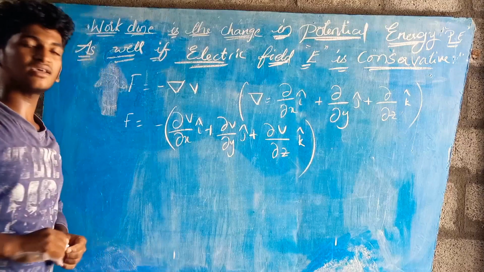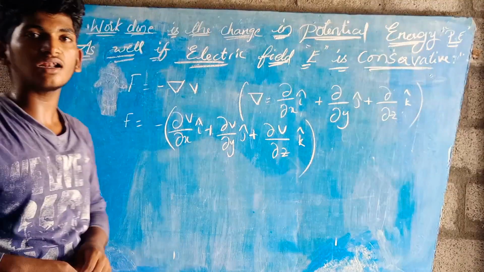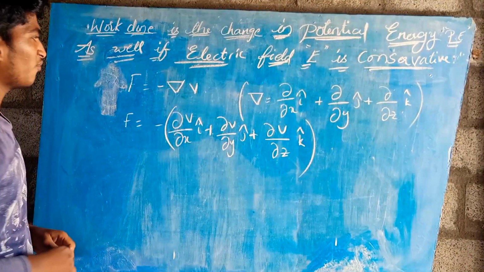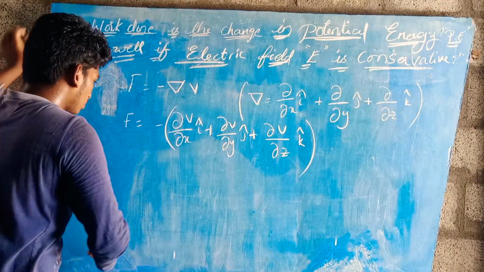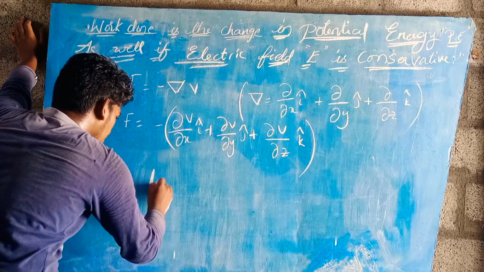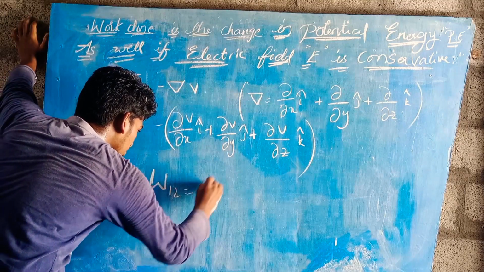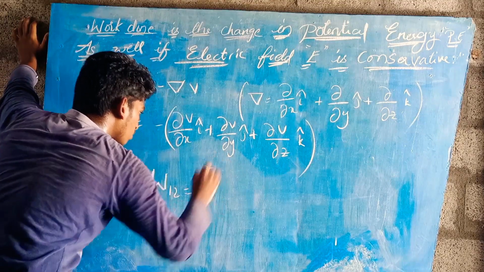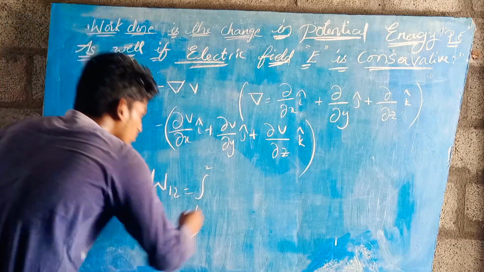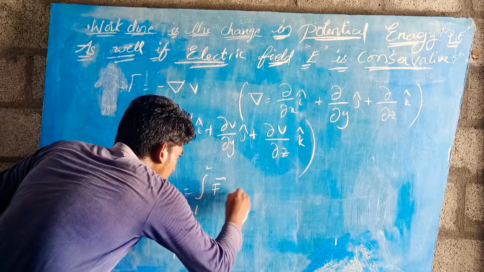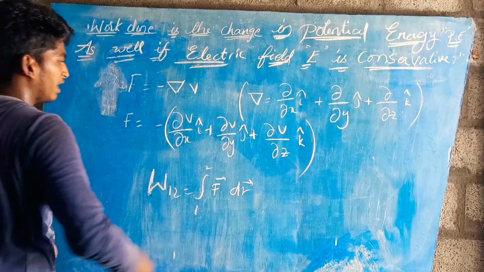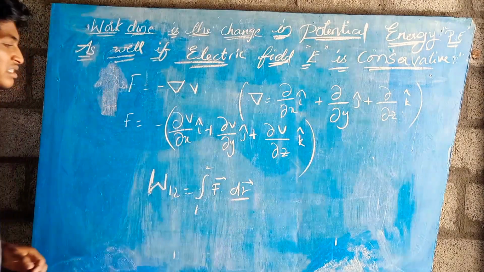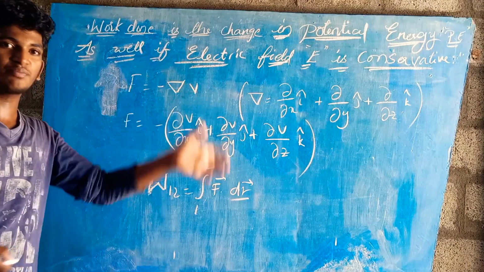If we consider the work done on the particle from point 1 to point 2, we get the formula W12 is equal to integral 1 to 2 F dr. We have the F value, and here dr represents the position vector of that particle.